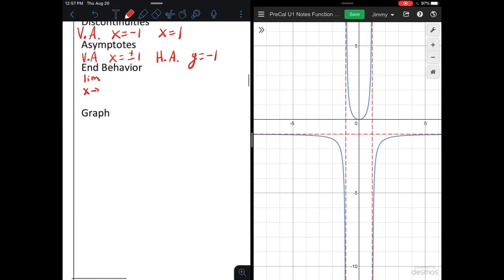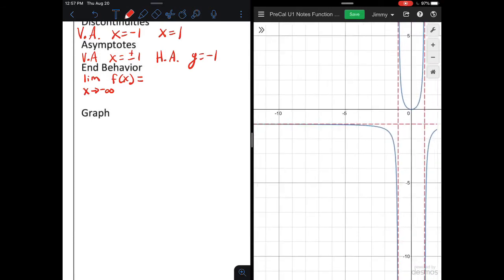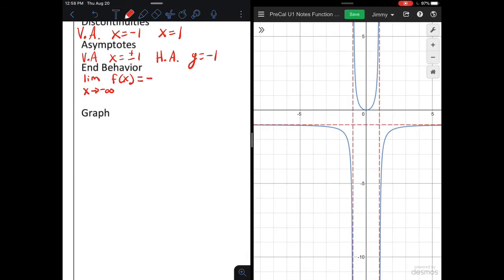So as x heads towards negative infinity, basically saying as x is decreasing without bound, our function here, I'm going to write f of x, is equaling, well, what are the y values doing as my x values decrease without bound? Well, as I go to the left, my y values approach negative 1. So this limit, we say, equals negative 1.